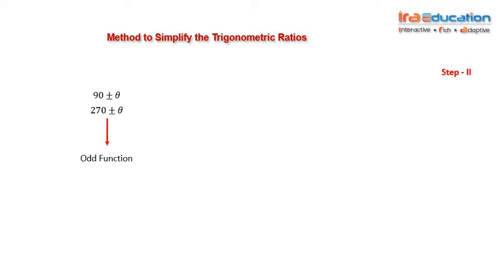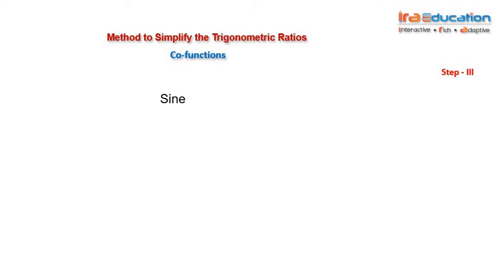And whenever we encounter 180 plus or minus theta or 360 plus or minus theta, we will identify it as even function. Step 3. Whenever we encounter odd function, we will change the trigonometric ratio with its cofunction.